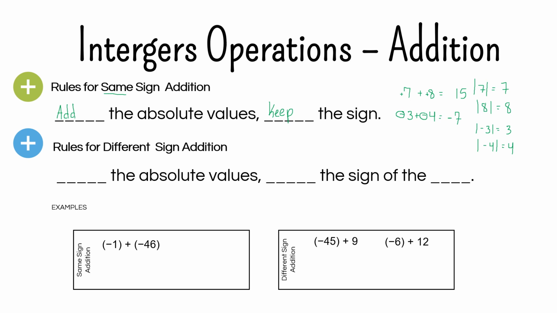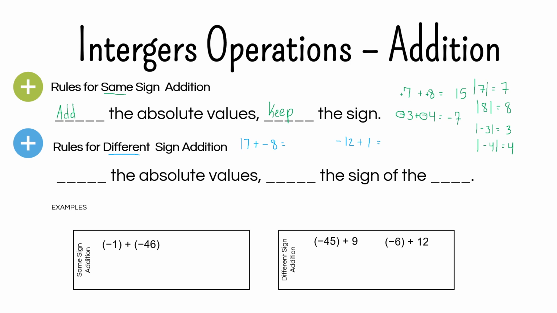Our next rule is for adding with different signs. When I say different signs, what I'm talking about is adding two numbers like 17 plus -8, or -12 plus 1. So if I look at these two problems, how do I add with different signs?